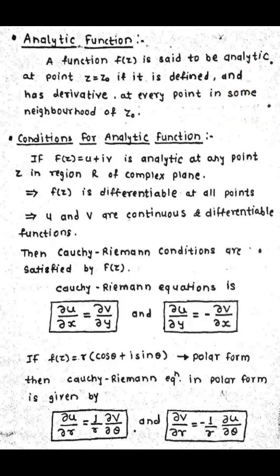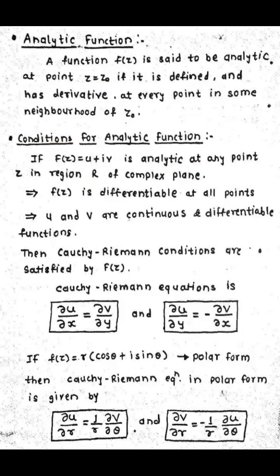Now there is a condition for an analytic function. If f of z is equal to u plus iv is analytic at any point z in a region R of a complex plane, then analytic implies the function is differentiable at all points, because in the definition of analytic, the function should be defined and it has a derivative.